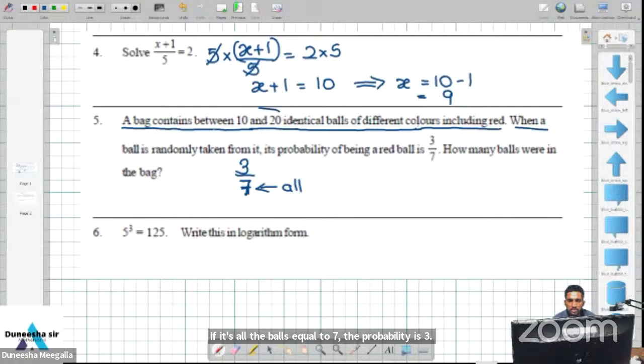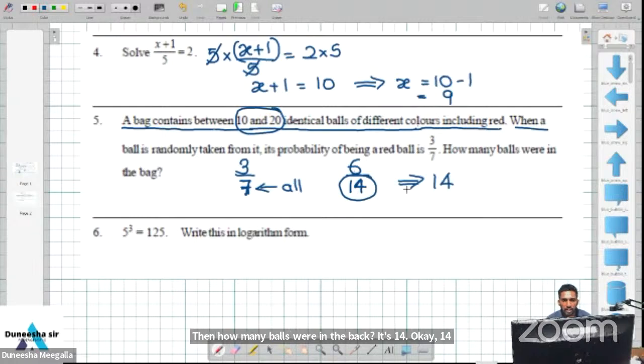How many balls were in the bag? It should be 14, all the balls. Then the probability of being red is 6/14. Then how many balls were in the bag? It's 14. Okay, 14 is the answer.